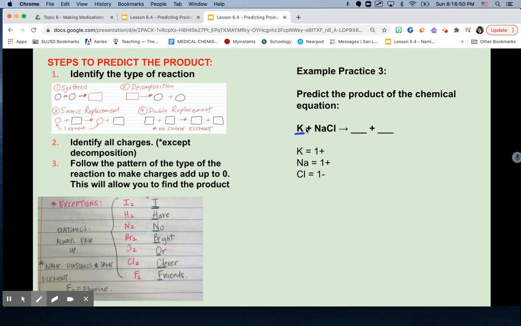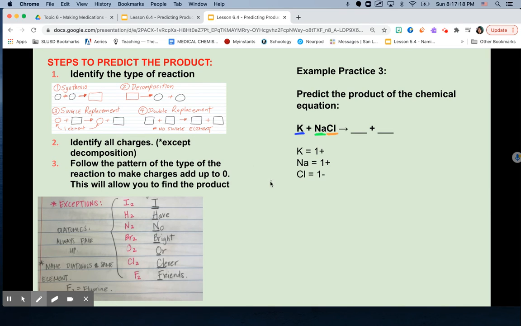And then it's combining, or plus, NaCl, which is a compound. So Na and Cl are in a bond together, so they're combining together. This one is by itself, so this is our single element. So if you recall, what happens here is it's essentially a partner swap.